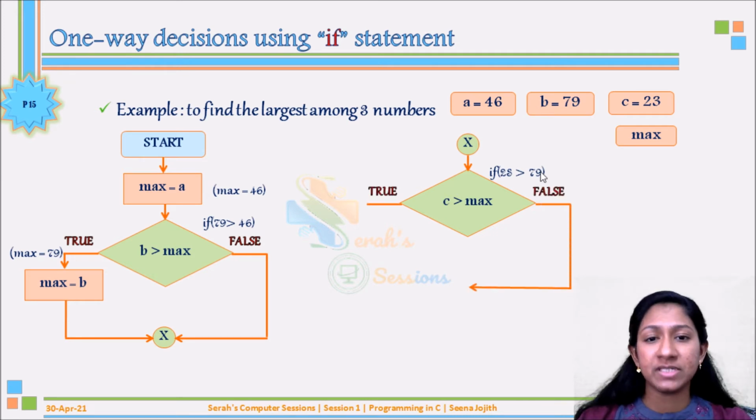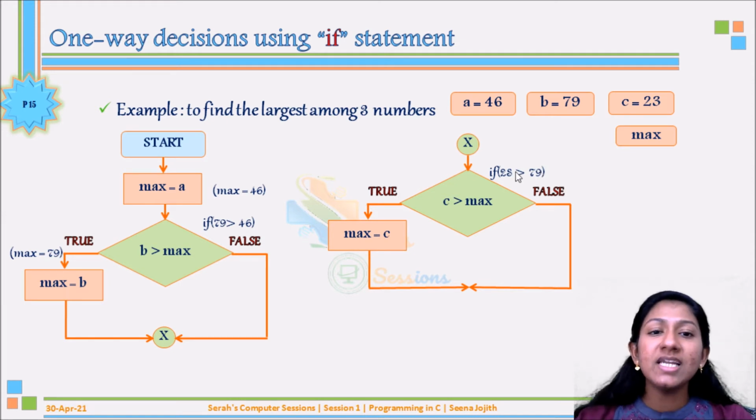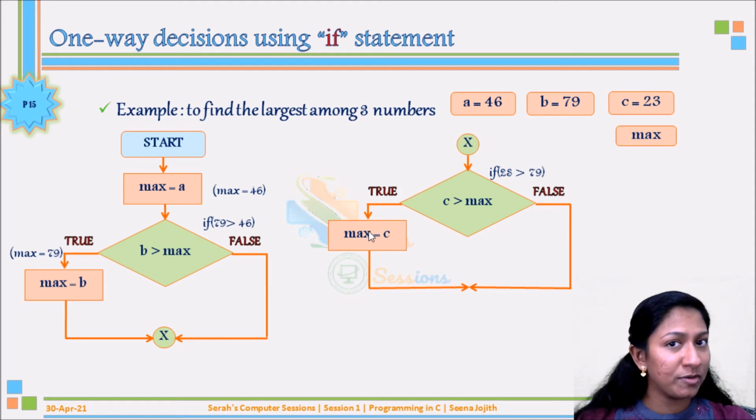So what happens? The value of C is 23, right? This 23 is not greater than 79. So that means this test expression has resulted in a false value, right? So it does not execute this particular statement block where the value of C will be assigned to max.